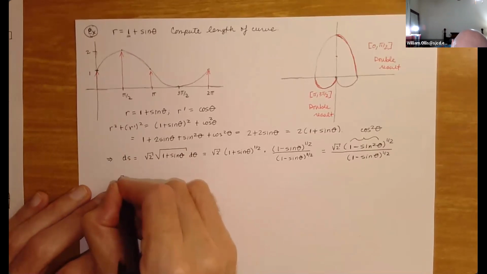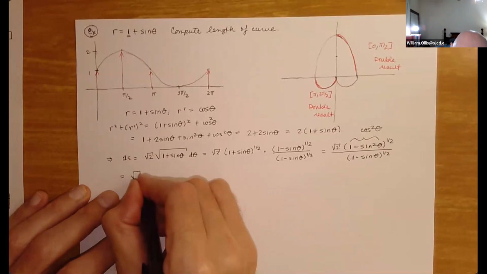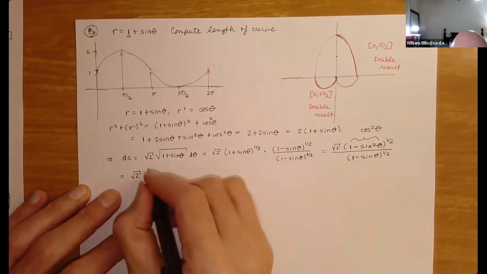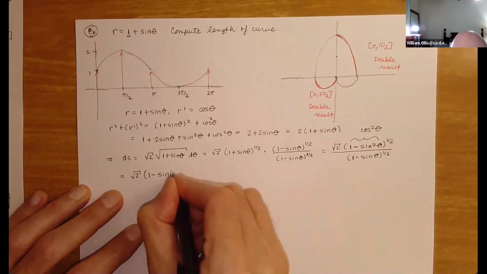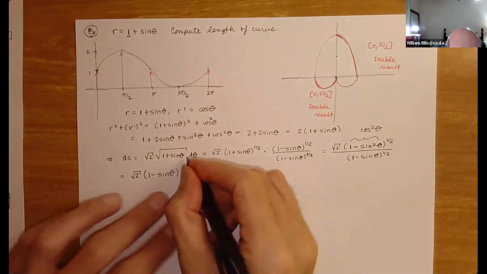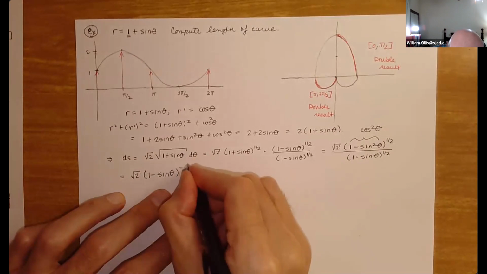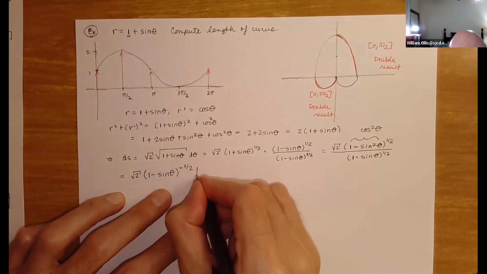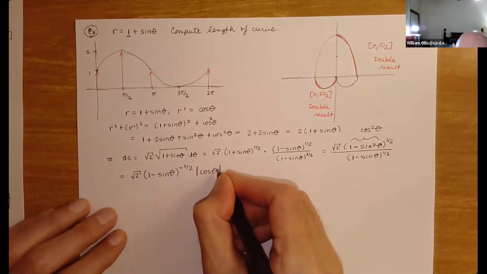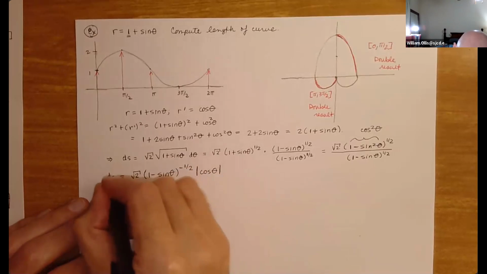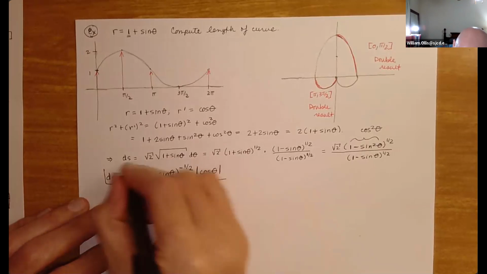So this gives us square root 2, bring this upstairs, 1 minus sine theta, add 1, divide by the new power, my favorite technique, absolute value of cosine. Sometimes it's better just to do this first.